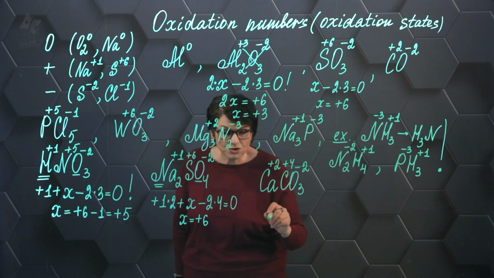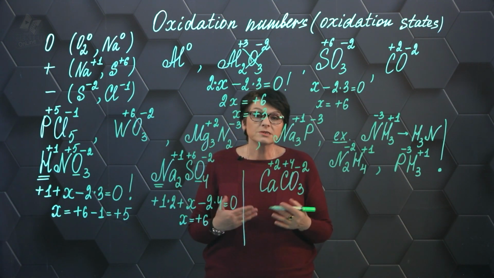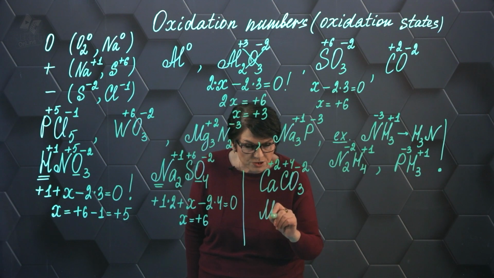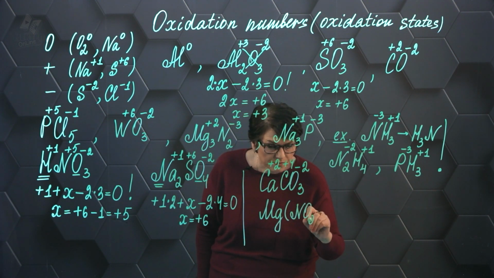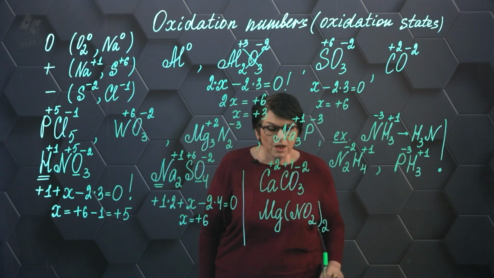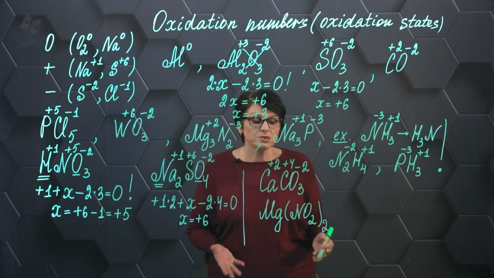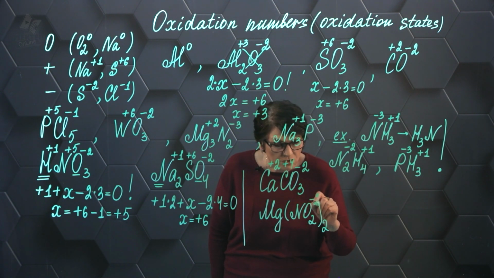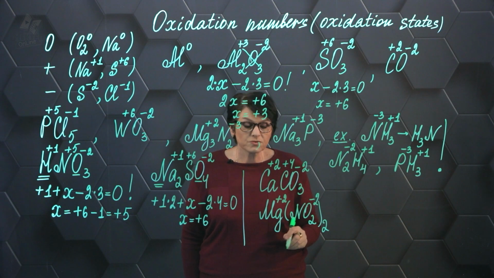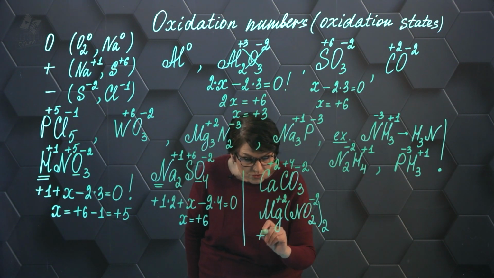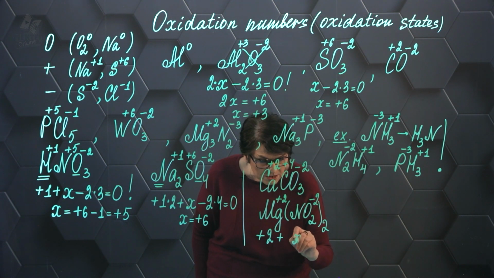Next, let's explain how it will work in formulas with parentheses. For example, let it be the formula magnesium nitrate, Mg(NO3)2. How do we work with parentheses? Exactly the same way we would do the math. So oxygen -2, magnesium +2 because magnesium is in group 2, and then the math would go like this. +2, nitrogen we don't know yet, x.